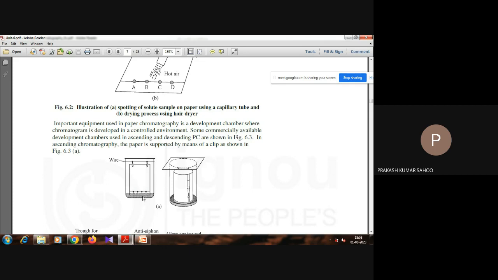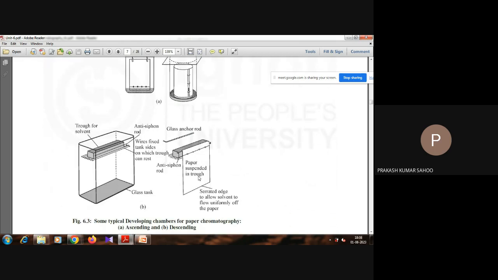Okay, so this is known as ascending paper chromatography, because here the movement of these components is from bottom to top, from the lower part to the upper part. So this is ascending, that is lower to higher. So in the descending, what happens? In descending paper chromatography, there is a trough for solvent.